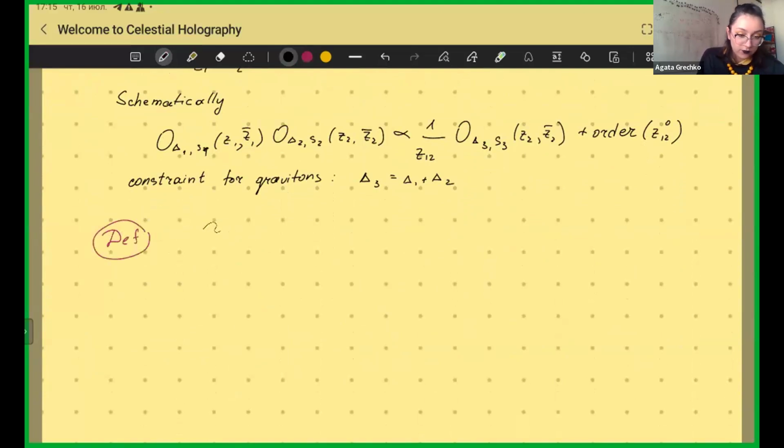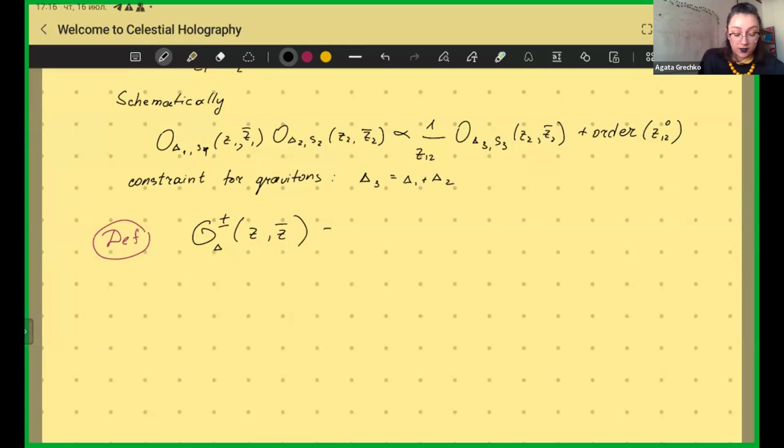by the following field. We will denote J, big J, plus minus, taken with some scaling dimension, at the point z bar.